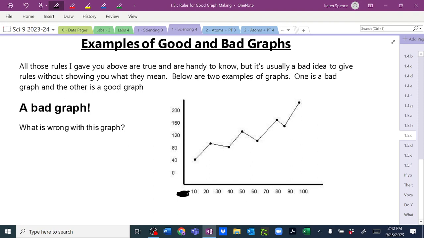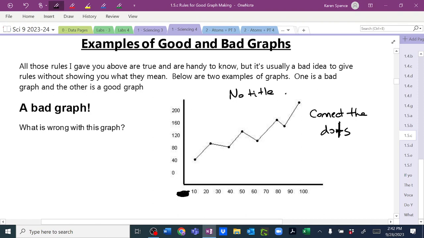What's one thing that's wrong with this graph? Jan? The dots are connected. We played connect the dots. Another thing, Sophia. There's no title. No units.